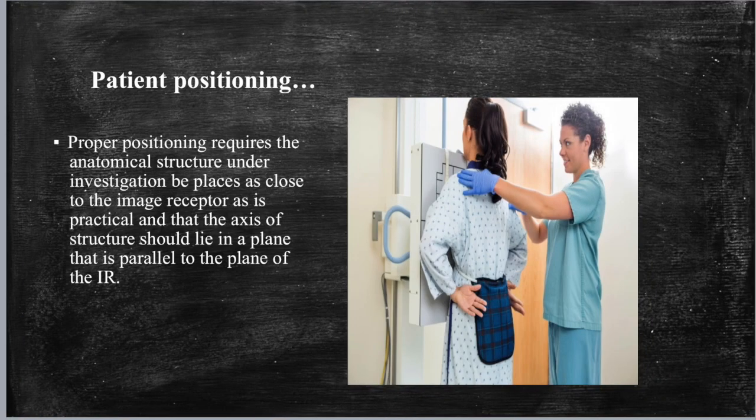Patient positioning is one of the most important factors. Proper positioning requires that the anatomical structure under investigation be placed as close to the image receptor as is practical, and that the axis of the structure should lie in the plane that is parallel to the plane of the IR.